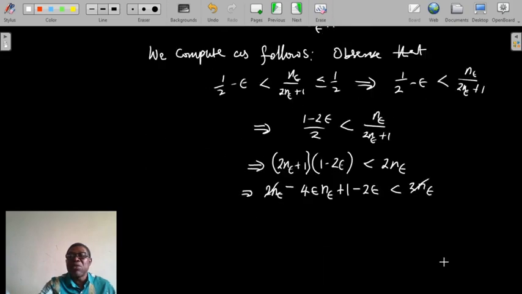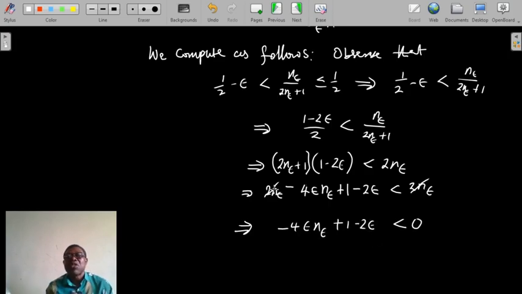So what remains will be that minus 4 epsilon n_epsilon plus 1 minus 2 epsilon will be less than 0. And from which we'll get that minus 4 epsilon n_epsilon will be less than minus 1 plus 2 epsilon.